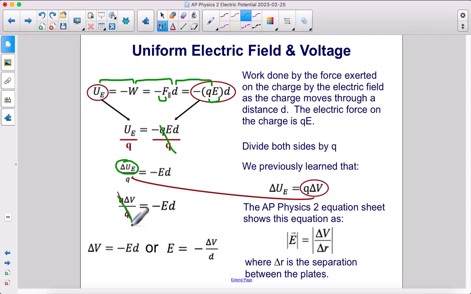So those Q's cancel, and we get delta V, or the change in voltage, equals negative electric field times distance. The AP Physics 2 equation sheet shows this equation like this. So they've rearranged it to solve for electric field. Electric field equals change in voltage divided by the separation between the plates.